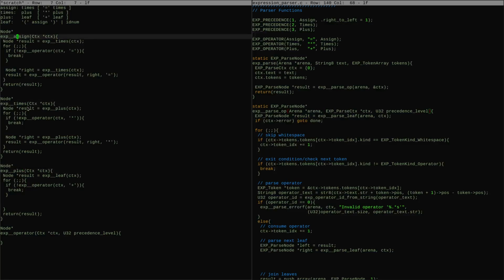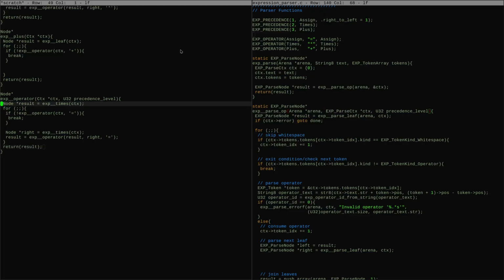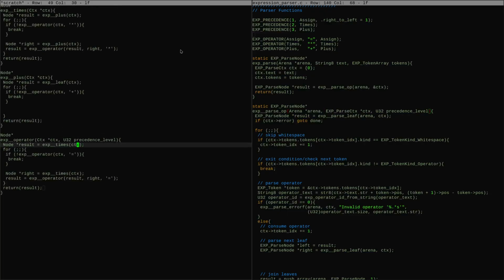So if there's an integer like 3, 2, 1 for this, for instance, then if you call this with a 3, it's like calling this. So how does this get implemented in that language? Well, times is operator context precedence level minus 1.